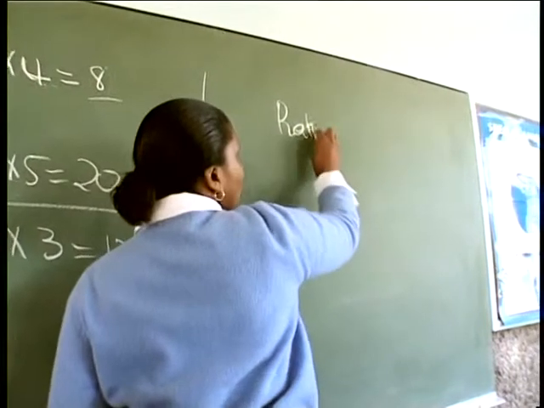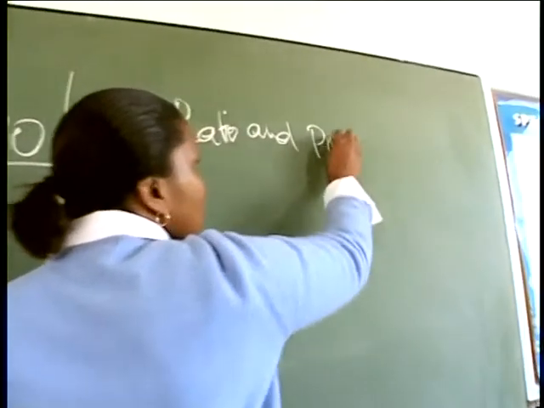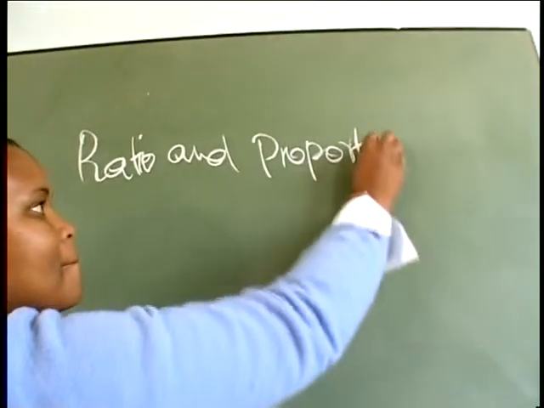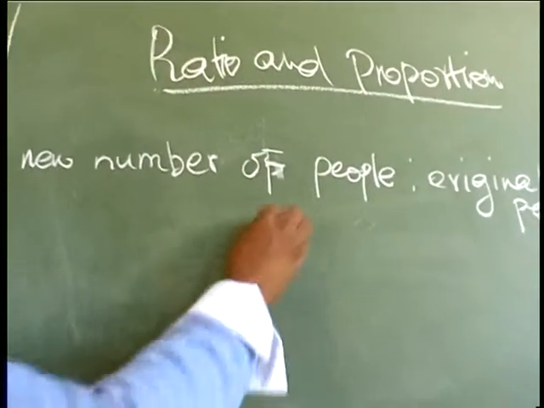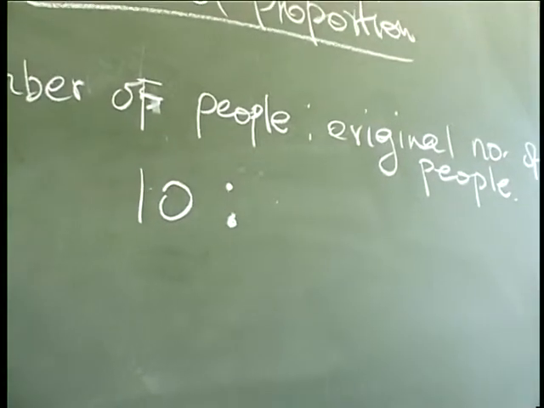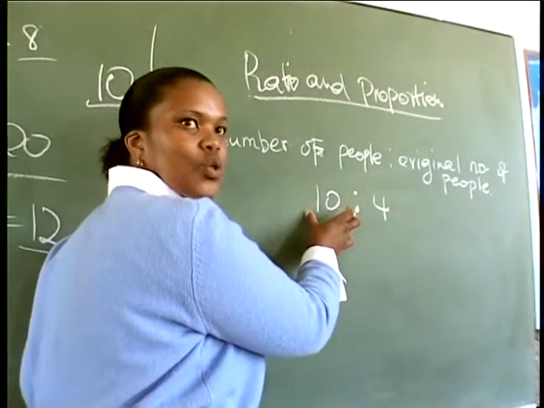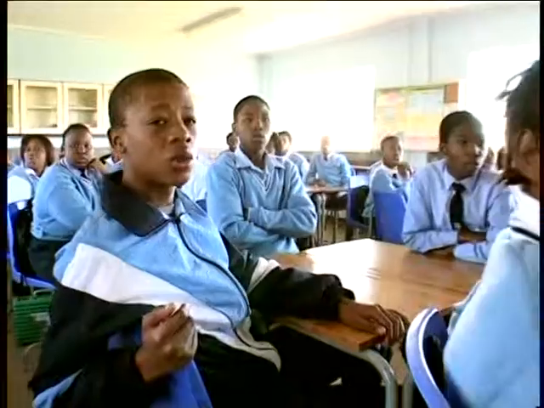Next, Nomsa explains the concept of ratio. Ratio is very important when we have to expand or reduce quantities, but we have to keep the relationship between the ingredients the same. The original number of people, which is 4. Then 10 divided by 2 is 5. 4 divided by 2 is 2.